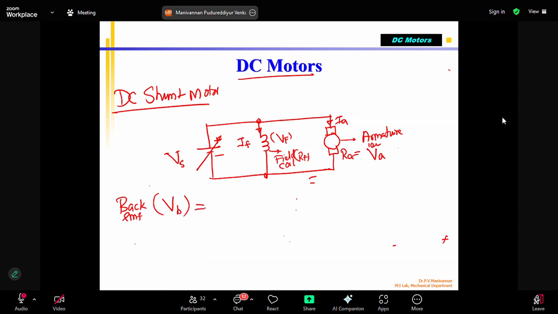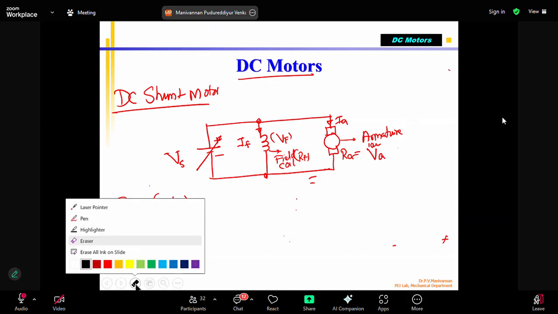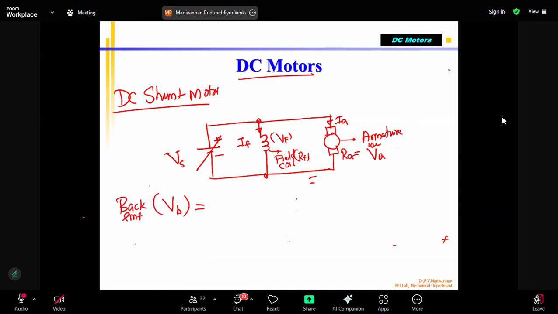Please note that in some books they refer to supply voltage as ES, or just E, and back EMF as EB. Different books use a different convention. I am using my convention: general voltage V, subscript S means supply voltage, and B means back EMF.